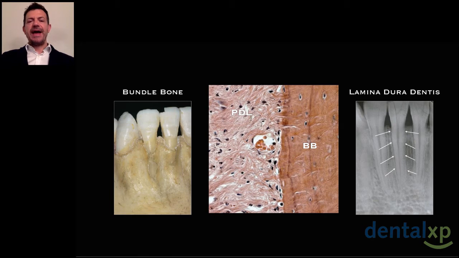It receives its blood supply from the periodontal ligament. And once the tooth is extracted, the periodontal ligament will be resorbed, and in a few weeks also the bundle bone will be resorbed. From the radiological point of view, the bundle bone is the same structure that we know as lamina dura dentis.